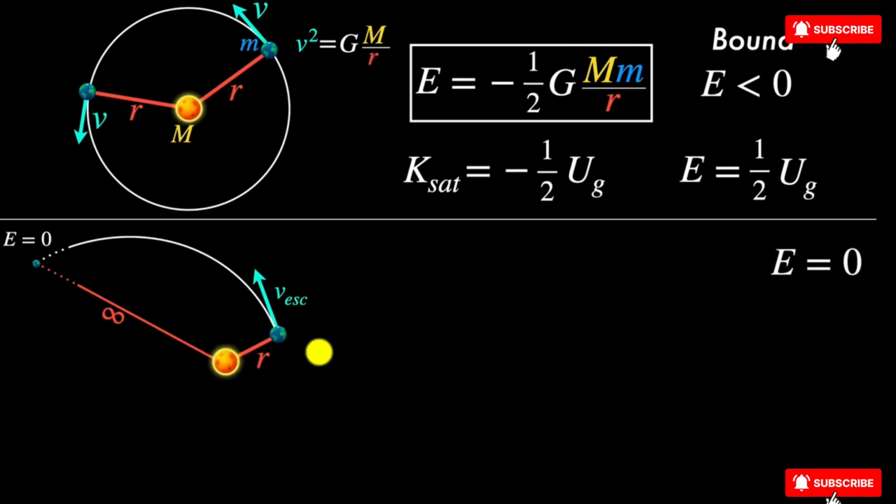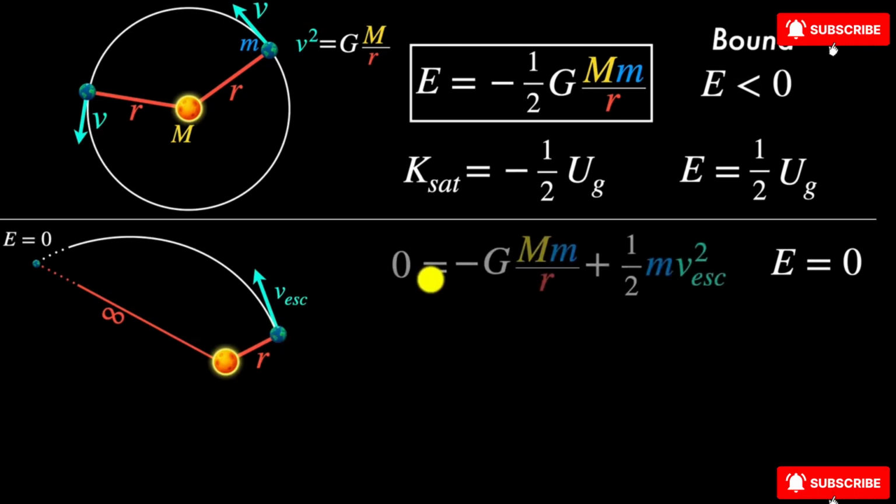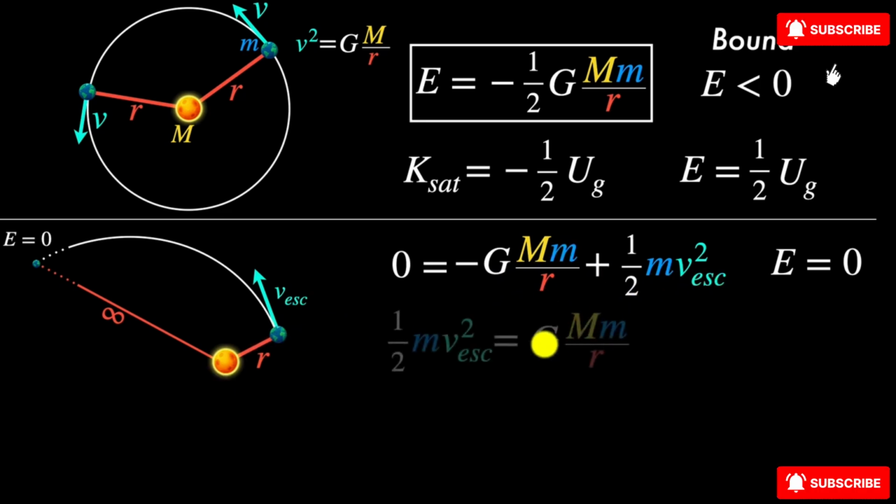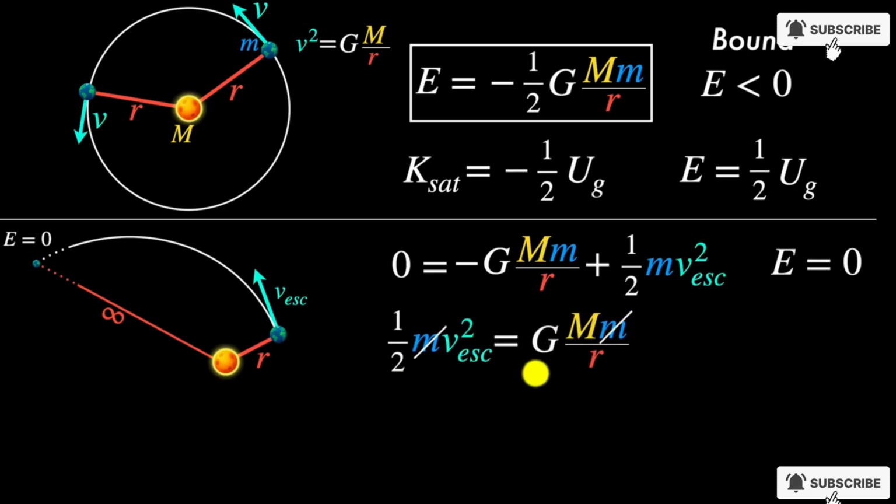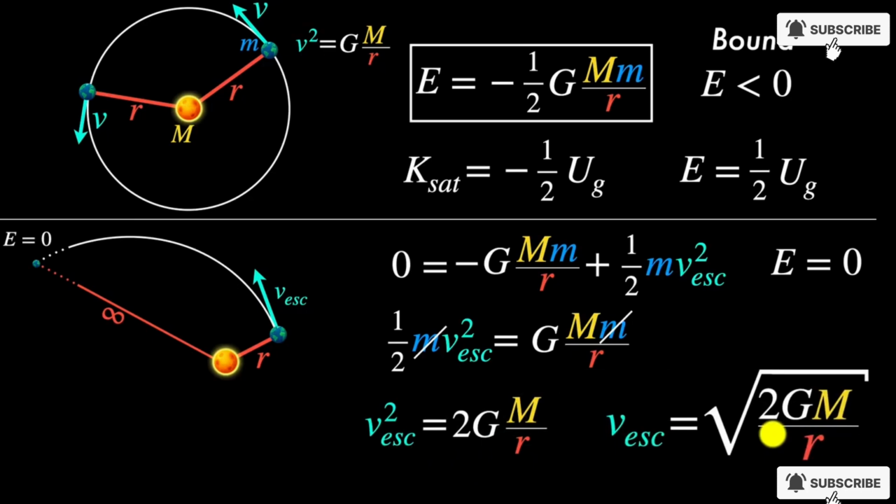So when the planet is over here, the total energy, which is zero, should equal the potential energy, minus GMm by r, plus the kinetic energy, half mv squared. And so if we rearrange this, we get this expression, and from here, again, we can cancel m. Rearranging, we get this expression. Taking the square root on both sides, we get the expression for the escape speed.